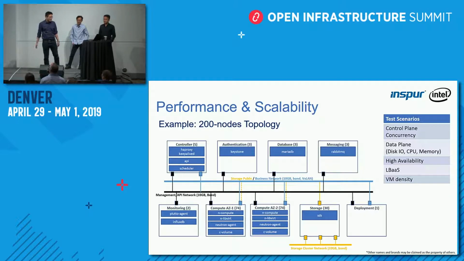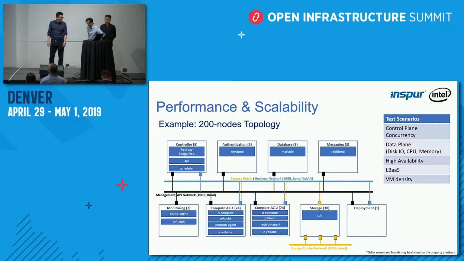As illustrated in this page, we can see the topology of the cluster. There were 5 controller nodes, 3 isolated authentication nodes, a database node, and a RabbitMQ node, respectively.